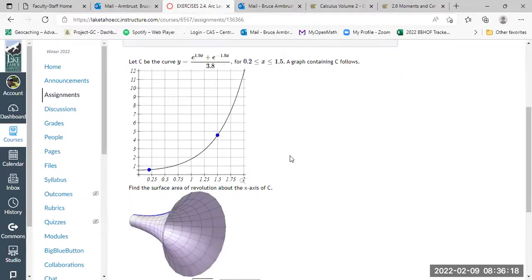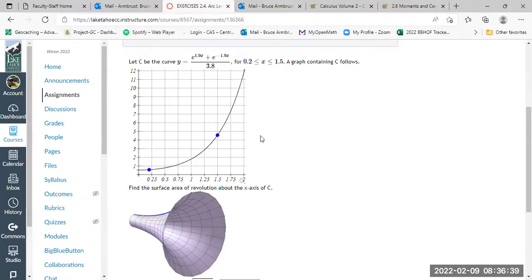All right, so we have, let C be this curve, y equals e to the 1.9x plus e to the minus 1.9x over 3.8 for x between 0.2 and 1.5. They gave us a graph of this curve, and the dots there represent the endpoints.